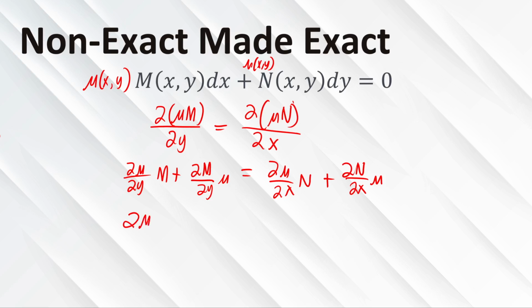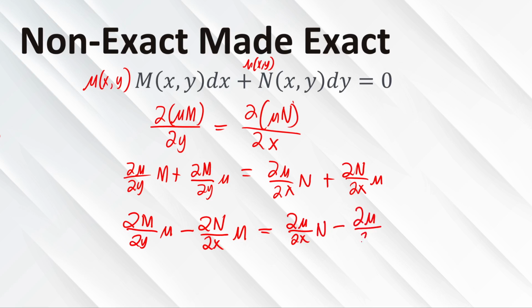So, partial derivative of M with respect to y mu minus the partial derivative of N with respect to x mu equals the partial derivative of mu with respect to x N minus the partial derivative of mu with respect to y M. Ayan. Para pwede kong i-factor out si mu dito, and then we will have something like this.